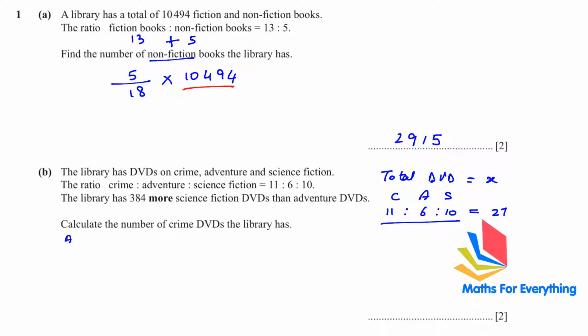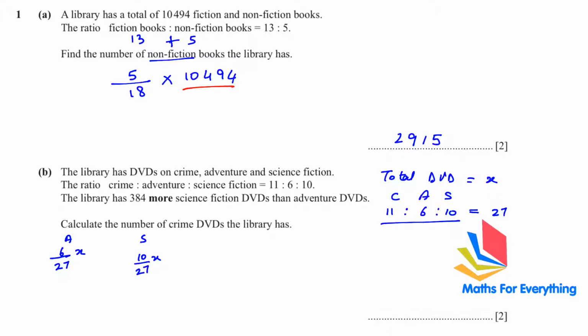So adventure is 6/27 of the total, and our total is X, so we can write X here. And science is 10/27 of X of the total.